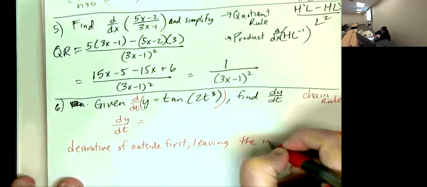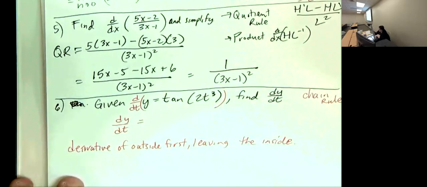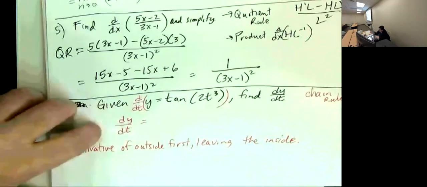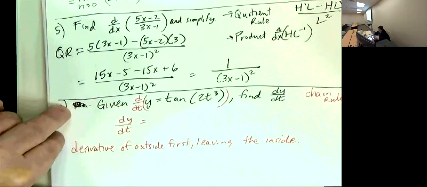I'm trying to spell this out because on the exam that we did this on, and the following exam, people were getting the chain rule wrong left and right. So what is the derivative? The outside thing is tangent. 2t cubed is on the inside. I think the problem is having 2 and t. It's like a tongue twister for me for some reason. 2t cubed. No, it's not too bad.